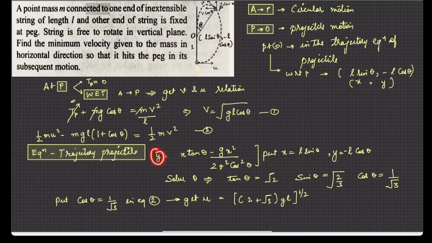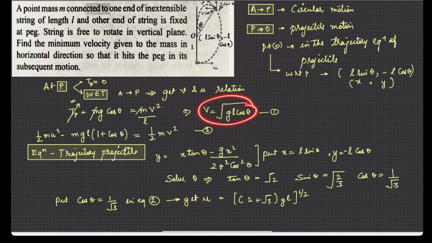Now for my equation of trajectory, first at this point we applied the same 3 ways. First, at this point in the radial direction we applied the second law along the radial direction and we put Tp equal to 0.